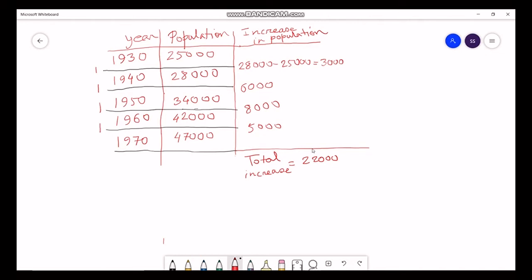So now we have to calculate the average increase in population.